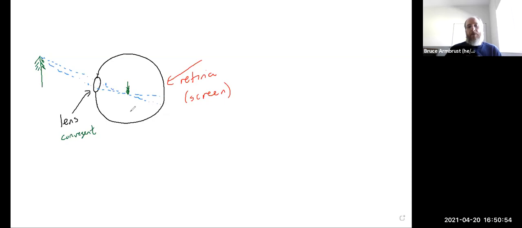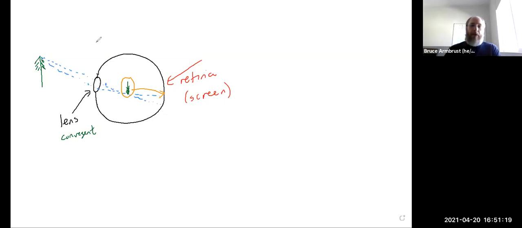And this right here would be a problem. This would not be focusing, because what we need for our eye to focus is this image needs to be back on the screen. Okay, well, this is again where those muscles come into play, and they can adjust the focal length of the lens.